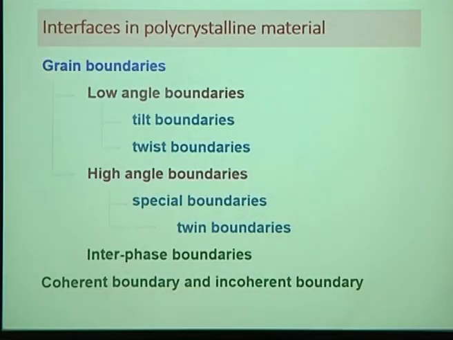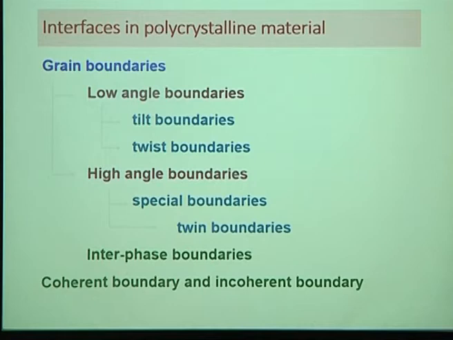In a polycrystalline material we have grain boundaries. The grain boundary itself can be classified into low angle boundaries. The low angle boundary can be classified into tilt boundaries or twist boundaries. Sometimes the grain boundary is also categorized into dislocation boundaries.